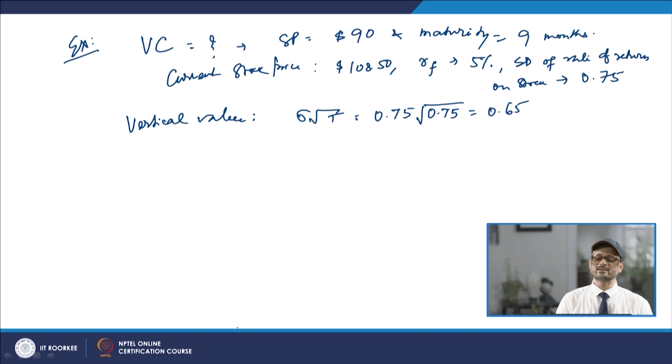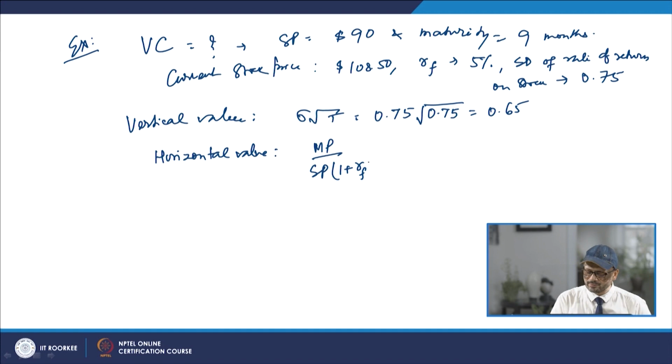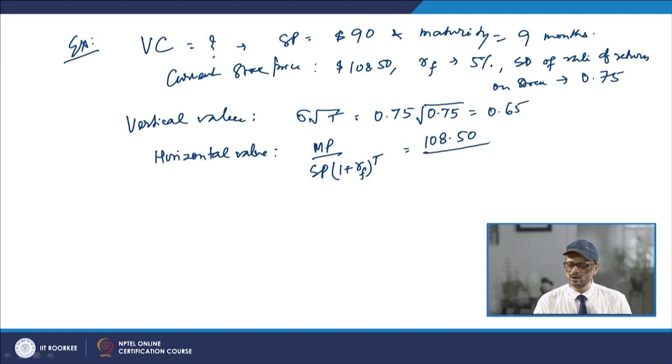Now you have to calculate the horizontal value. The horizontal value will be MP by the current value of SP, so MP by SP into 1 plus RF raised to the power t. You know the market price is given as 108.50, the strike price is 90, and this will be 1 plus 0.05, and T is given as 0.75 years.